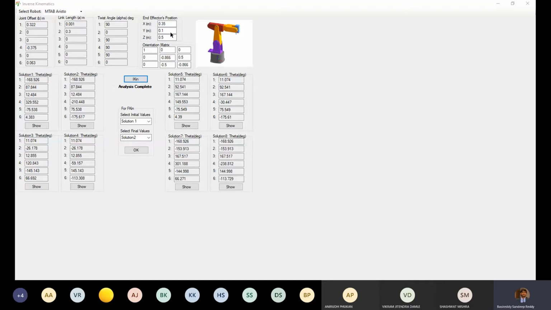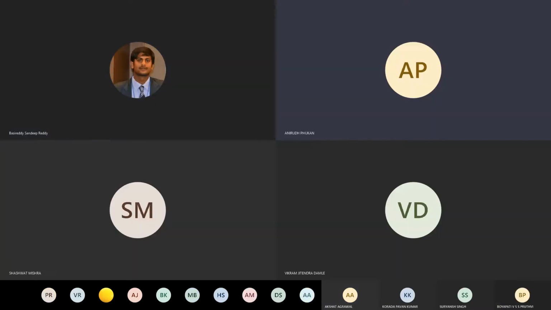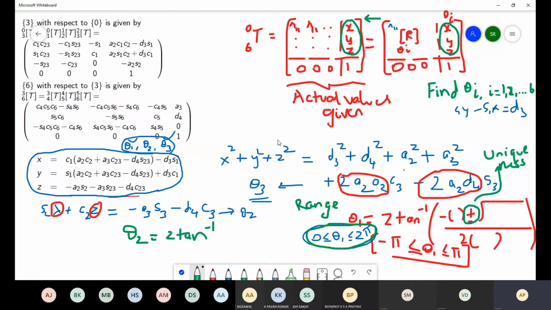There are 2 unique theta 1s, but 4 unique theta 2s and 4 unique theta 3s.